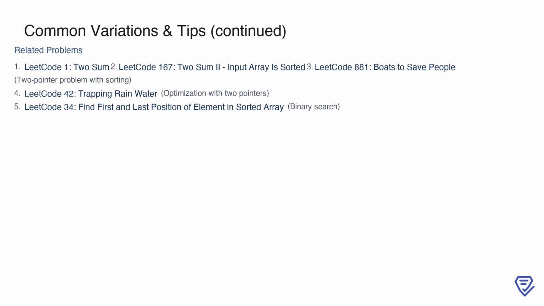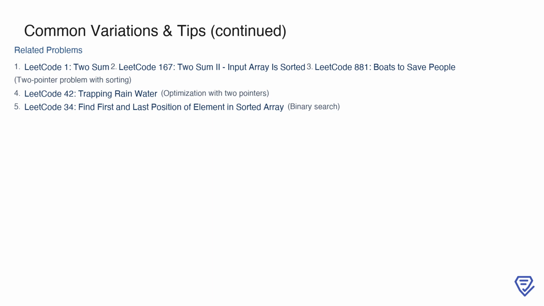This problem has connections to several related problems, which can help reinforce your understanding of different techniques. For instance, LeetCode 1, Two Sum, is a classic problem that introduces the idea of using hash maps for efficient lookups. LeetCode 167, Two Sum II, input array is sorted, builds on this by optimizing with a two-pointer approach for sorted arrays. Another example, LeetCode 881, Boats to Save People, is a problem where sorting and the two-pointer technique are crucial for efficiency.